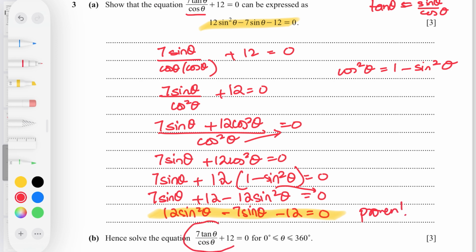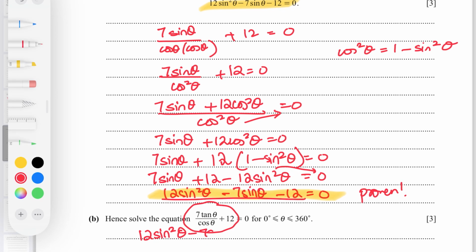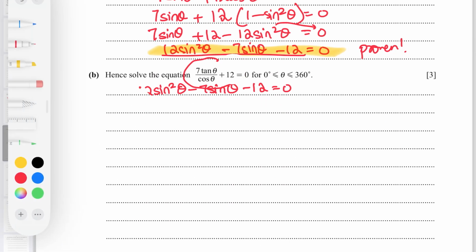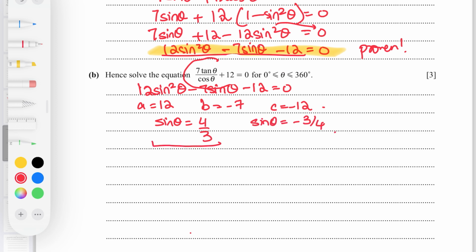Now, this entire thing can be written like this. Solving this with the quadratic formula, we get... If sine is more than 1, you reject it. You can't find it out. The maximum value of sine is 1. Minimum is -1. So you need to reject this value.